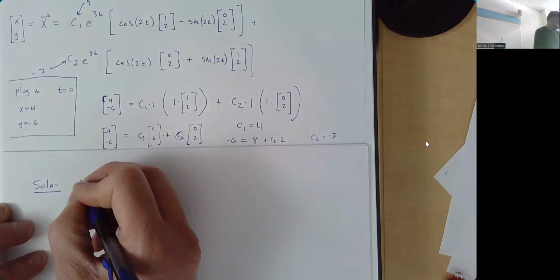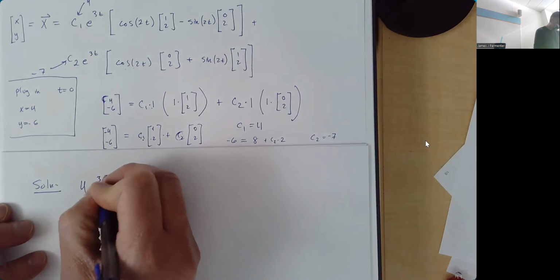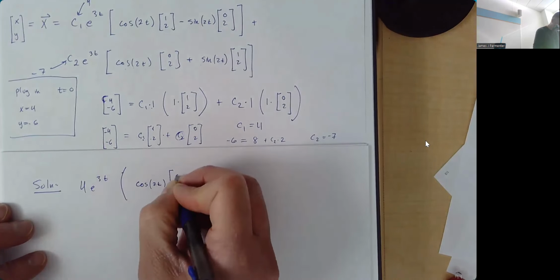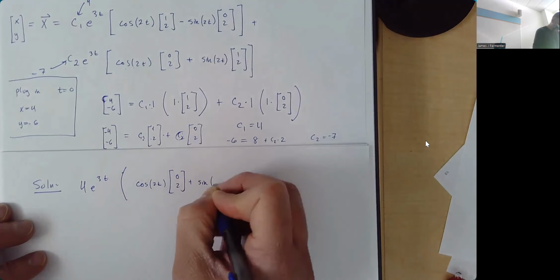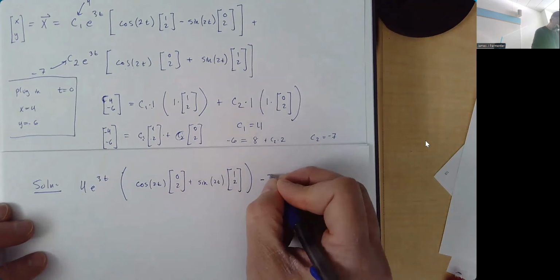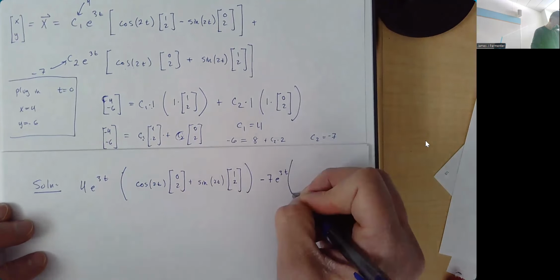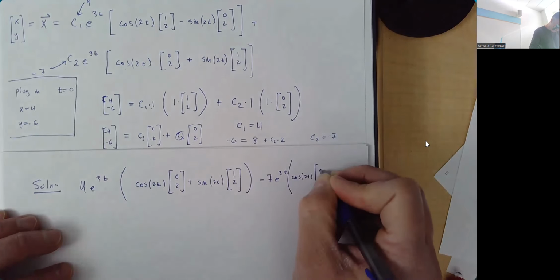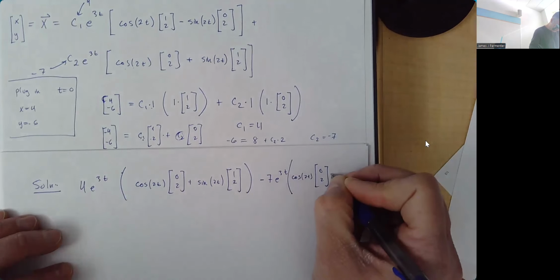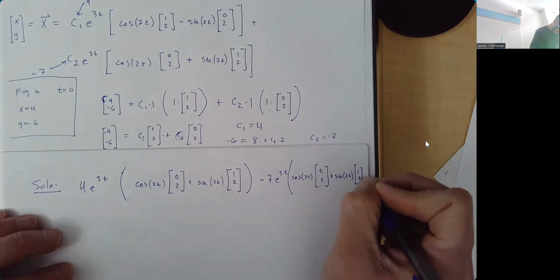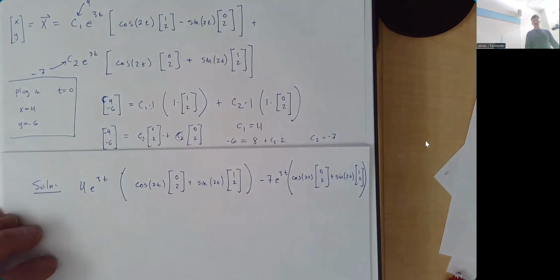So the solution is 4e to the 3t times cosine of 2t times 0, 2 plus sine of 2t times 1, 2, minus 7e to the 3t times cosine of 2t times 0, 2 plus sine of 2t times 1, 2. This is how I would leave my answer because it's technically correct and doesn't require any more work.